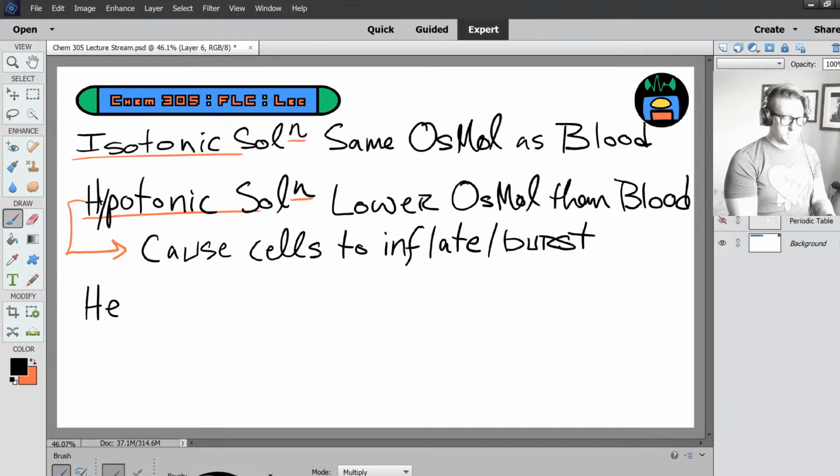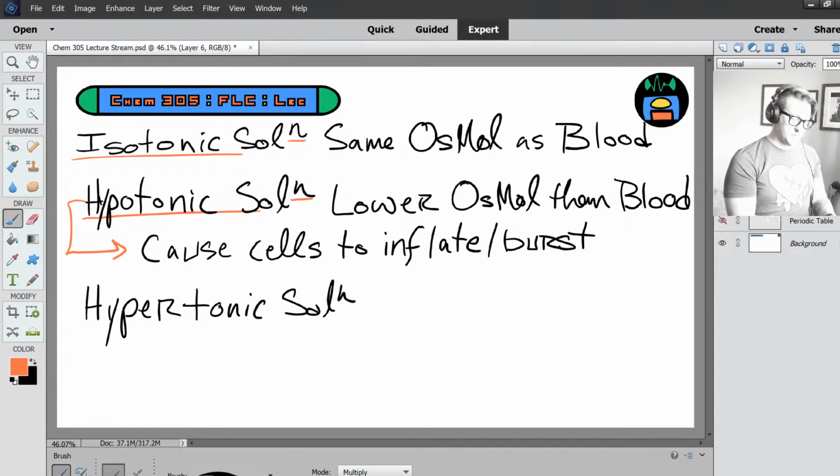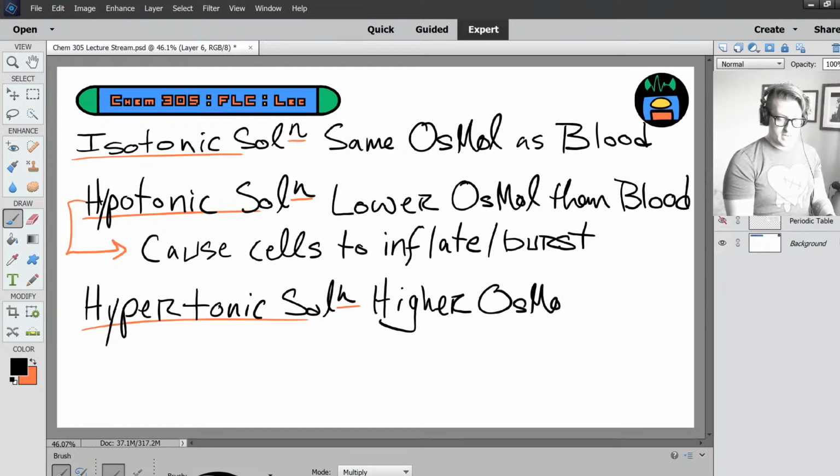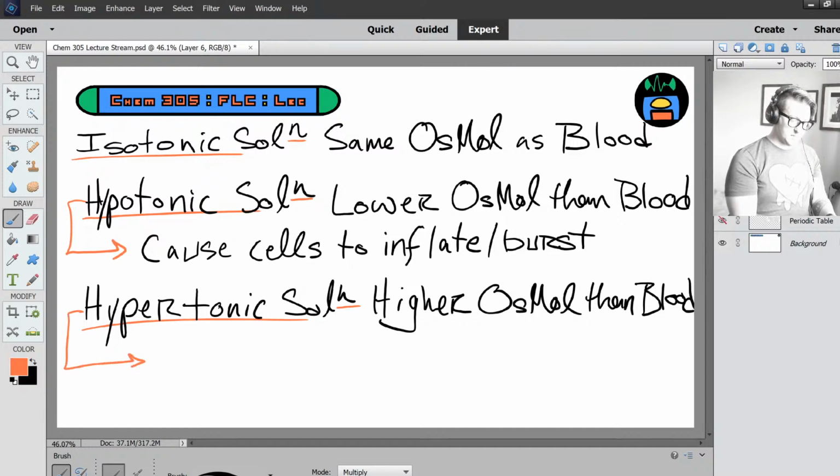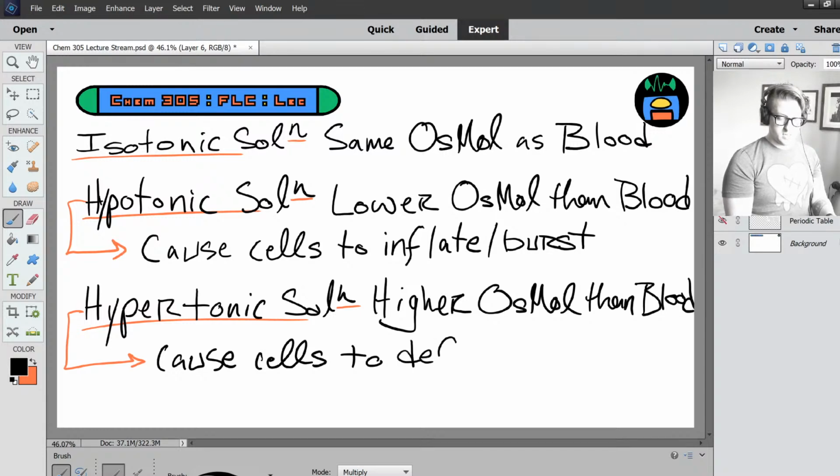And then a hypertonic solution is a solution with a higher osmolarity than blood, and this will cause cells to deflate and shrivel.